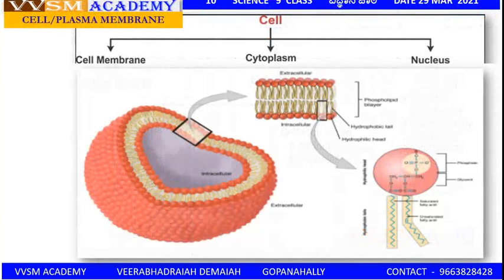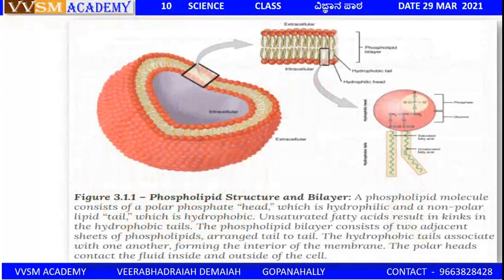Well, this is a cell membrane. If you observe this cell, the outermost part of the cell is the cross section of the cell. It is a double layer, which is a phospholipid structure and bilayer.